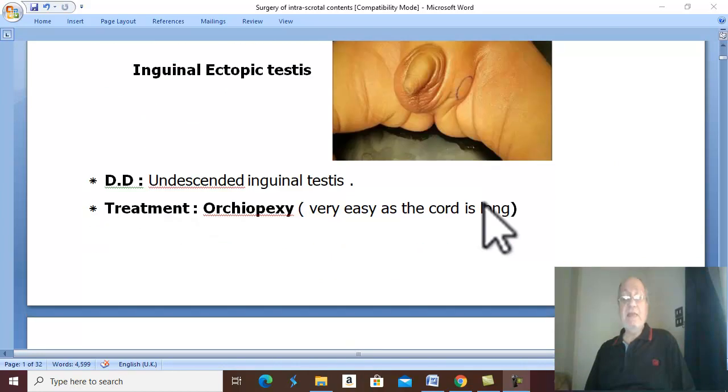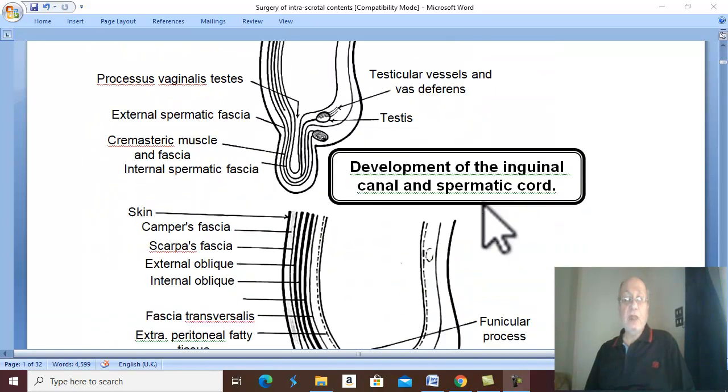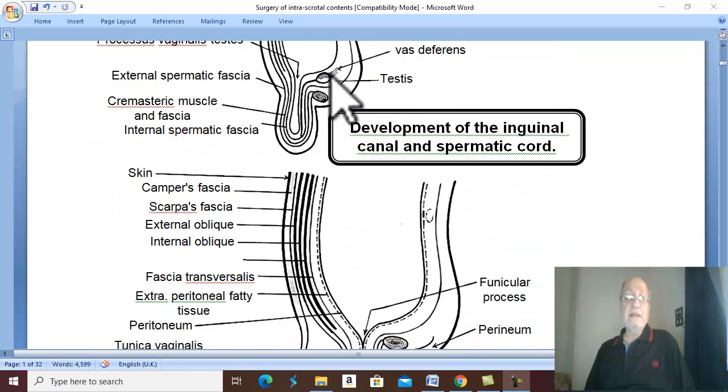Usually, the main scrotal tail pulls the testis and its vessels, lymphatics, and autonomic supply of the testis down to the bottom of the scrotum.